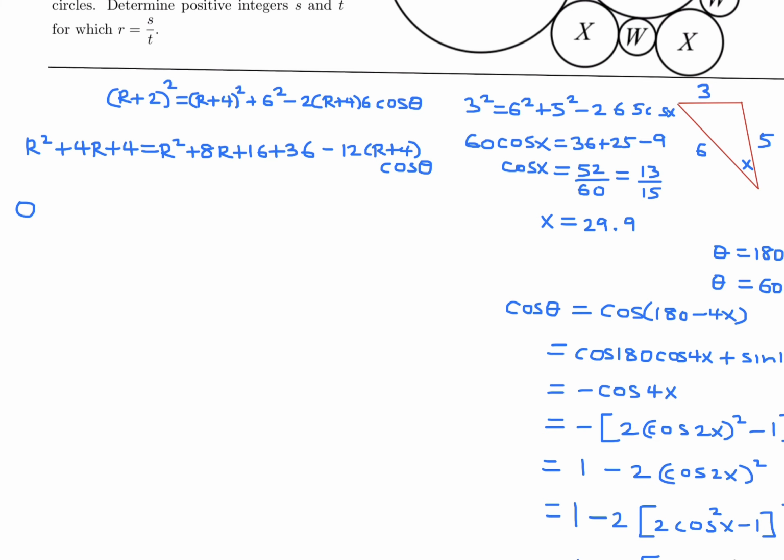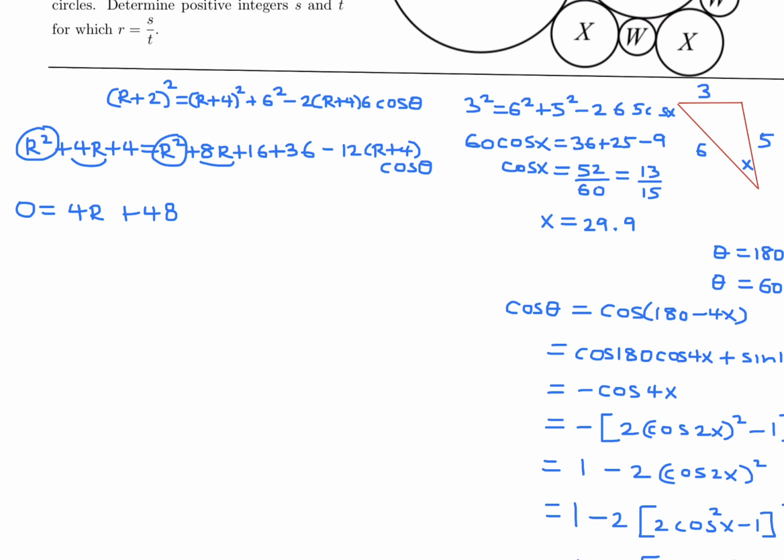Okay, let's put everything on one side. The r squared disappears. The r's are 8r minus 4r, and then 16 plus 36 minus 4, 48. Okay, so far so good.